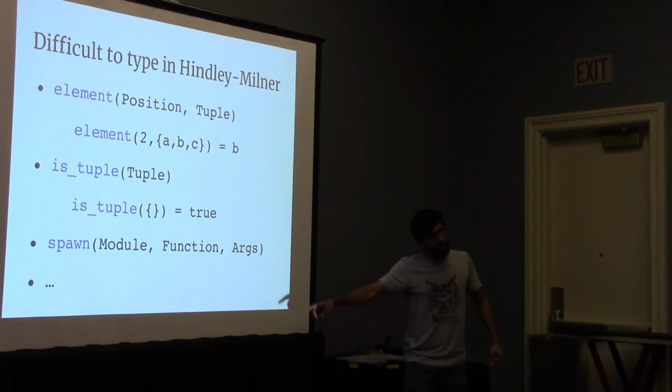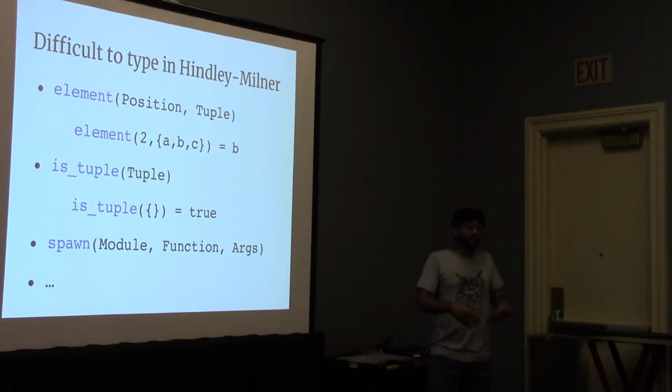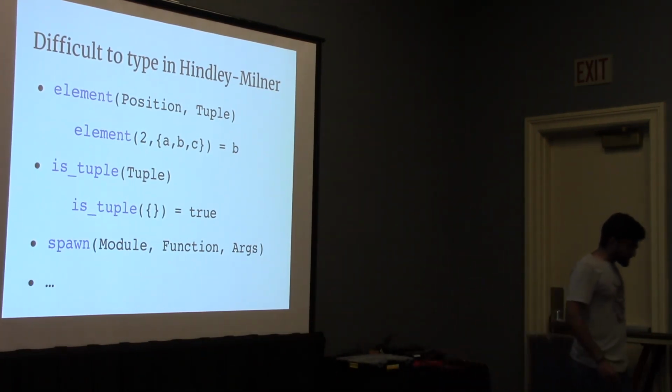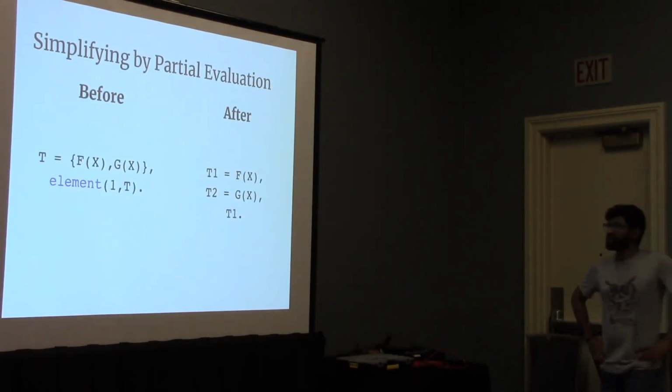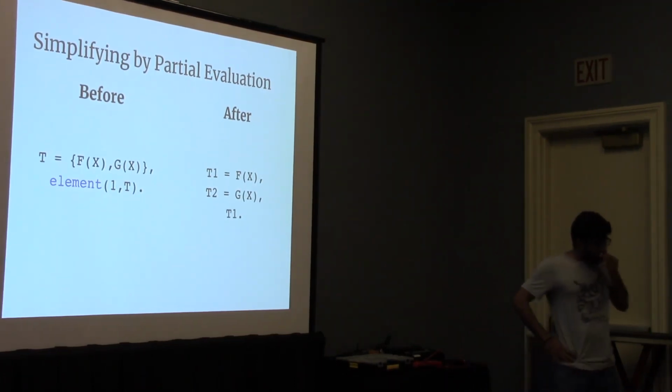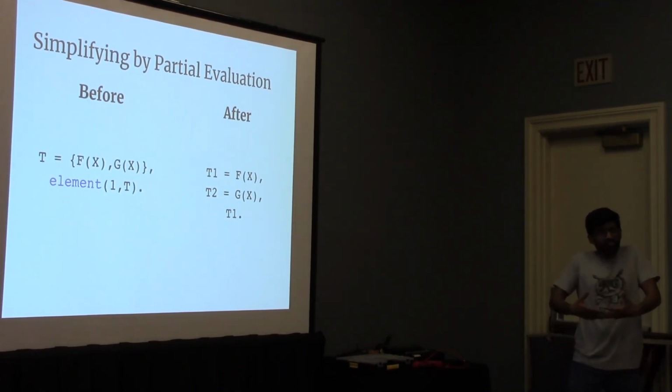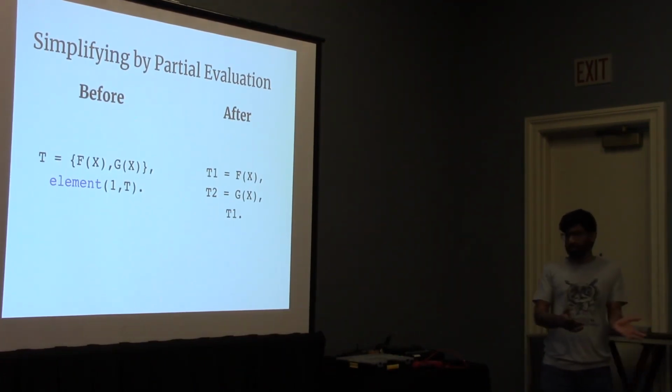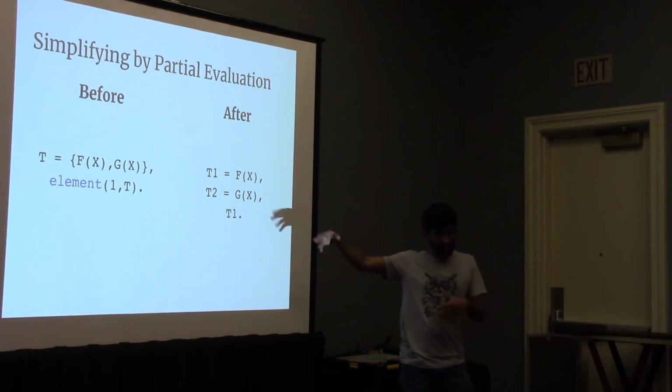So in the paper we call these functions with dynamic type behavior. Since we cannot deal with them, we get rid of them. For this we use a program transformation called partial evaluation. What it essentially does is make use of the static information available in your program and try to eliminate this dynamic type behavior.